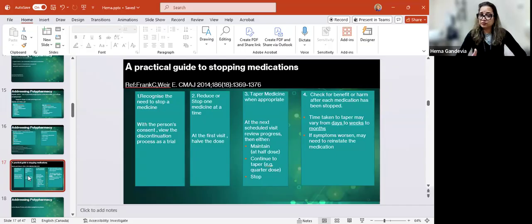So in the next scheduled visit, you review the progress and you either maintain the same dose, or potentially half the dose of where he or she was, and then continue to taper on a mutually agreed time frame, and then stop. But in all these processes, one has to constantly have feedback from the patient. You have to touch base frequently with the patient to see the progress.